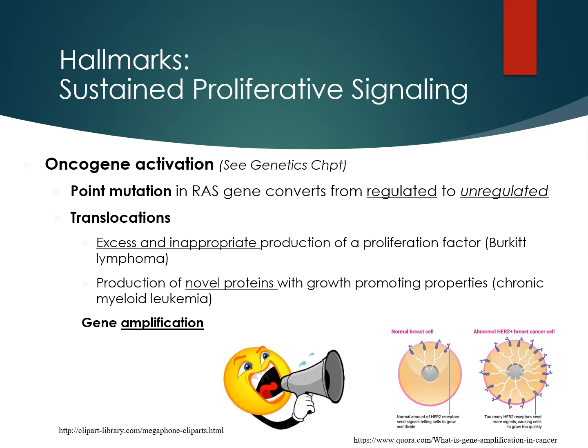And then something called gene amplification. And with this, you end up taking one specific, say, a receptor, for example, as we have in this picture here. So normally in the breast tissue, you would want to have a particular type of receptor. This is an HER2 receptor.